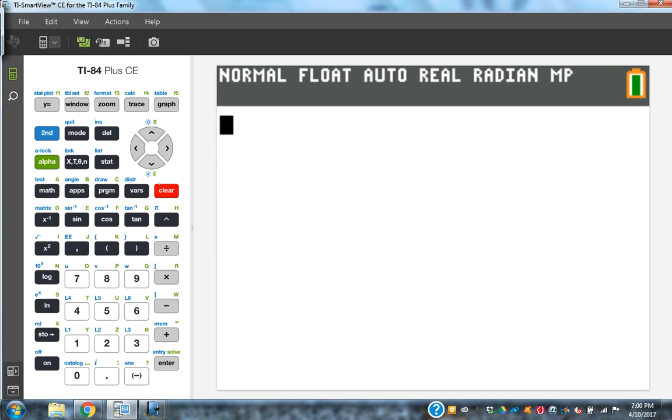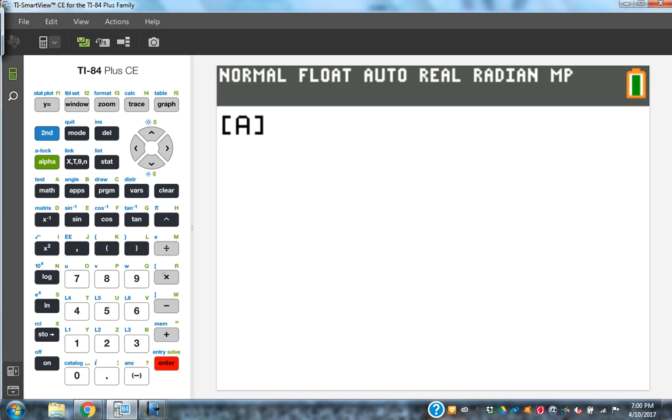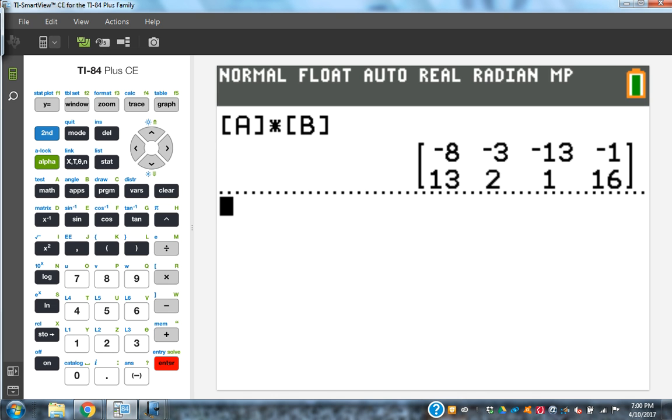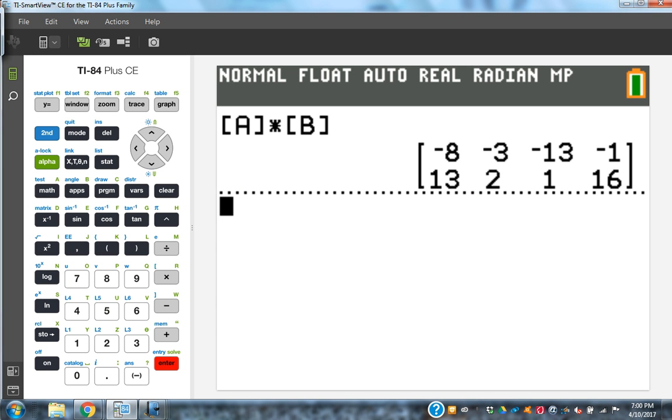So I've entered that in there, and now I just want to tell my calculator to multiply them together. I'm going to go to second matrix, and tell it matrix A times matrix B. That's the order that I asked you for, A times B. And there's our 2 by 4 matrix that we get back. -8, -3, -13, -1, 13, 2, 1, 16.